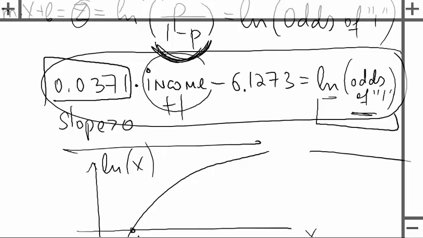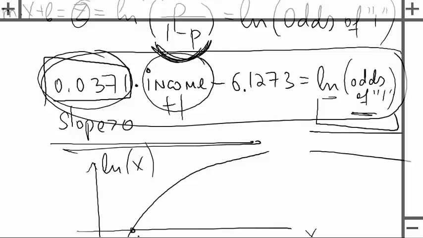So income goes up, slope is positive, left side is increasing, right side is increasing, which means that odds are getting bigger, and we just discussed what happens with probability when the odds of that probability are getting bigger. They're positively related. Bigger P means bigger odds, lower P means lower odds. So again, same rule.